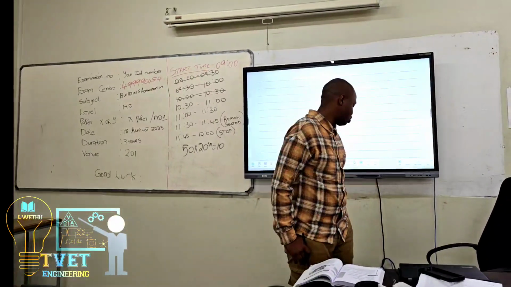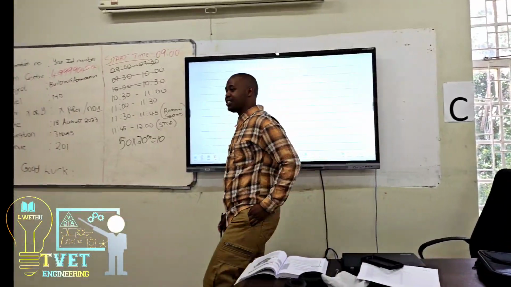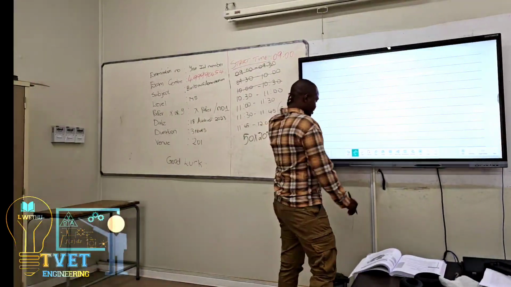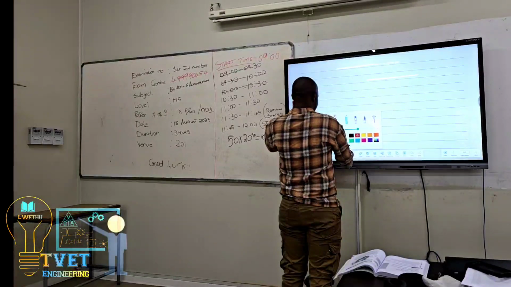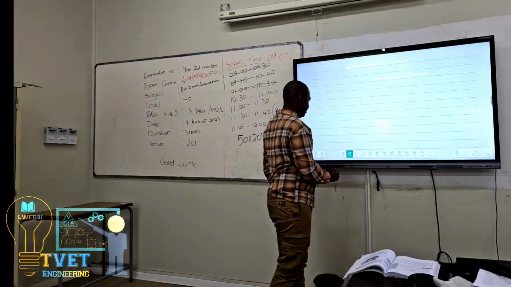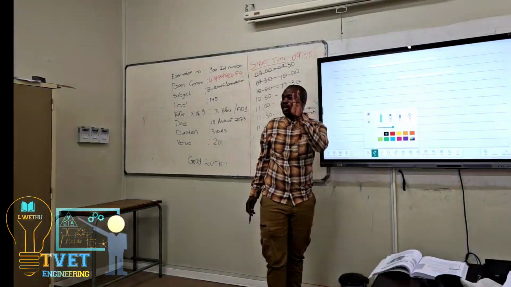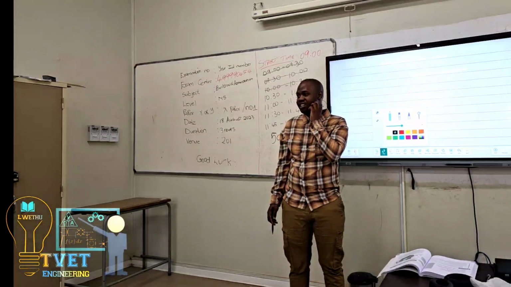Right after this is to understand how an induction motor is constructed. An induction motor has two main parts: the stator and the rotor.